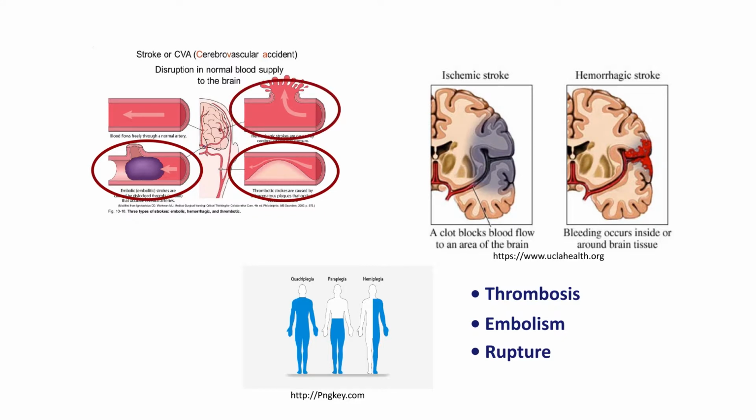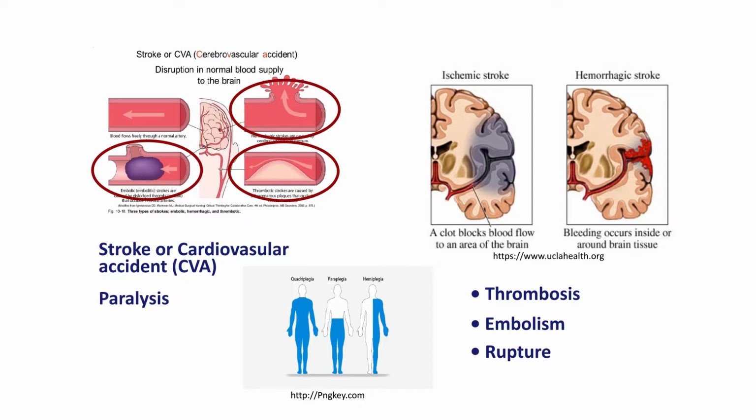These events are called stroke or cerebrovascular accident, or CVA. The consequences of CVA are weakness of the muscle or paralysis as well as sensory loss.